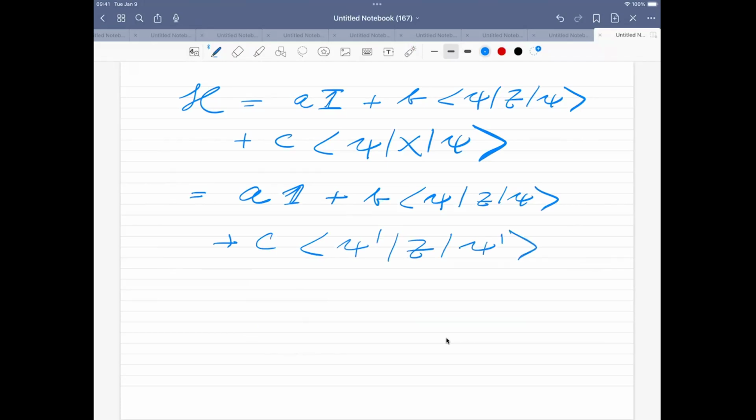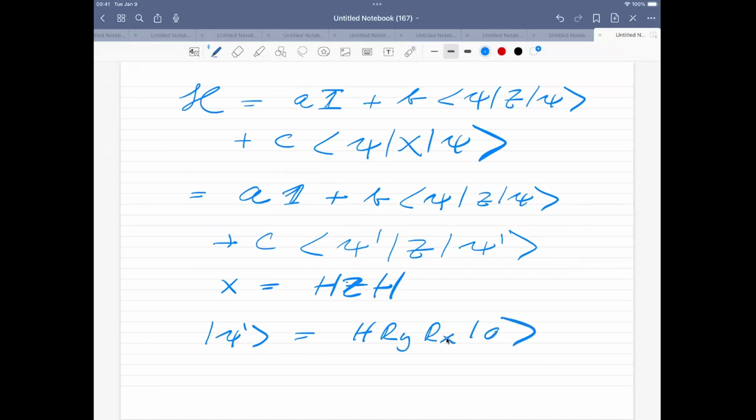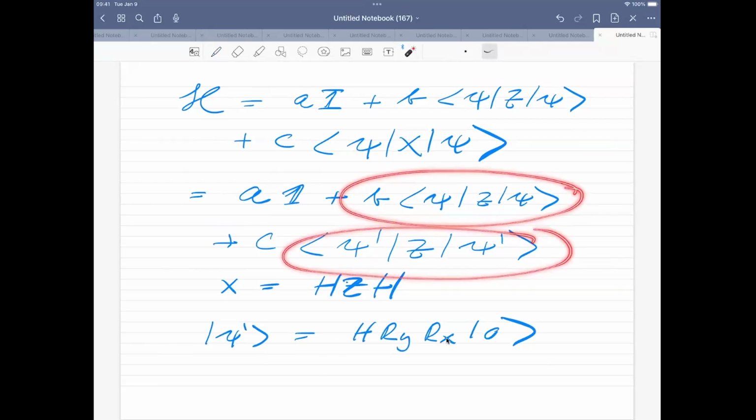And then we know that the Pauli X gate is given by 2 Hadamards times Z times H. And then we have the state psi, which is simply given by Hadamard times Ry, and I skip the angles here, times Rx times 0. So it's common then, when we are setting up the measurements, to measure or evaluate these individually.